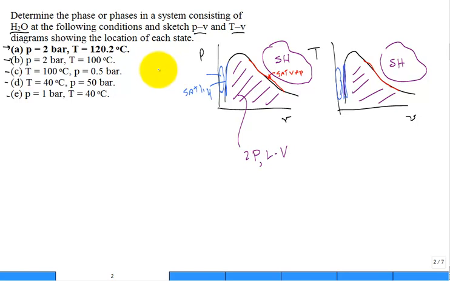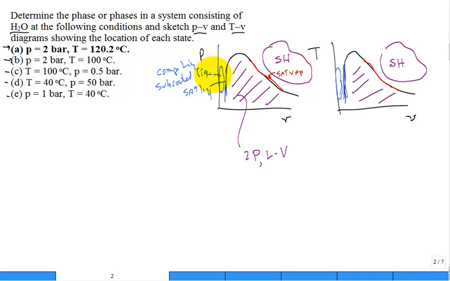A lot of times we'll say it's compressed liquid or subcooled liquid. But the idea is it's liquid. It's not saturated liquid where if I add a little heat to it, it then starts to change phase. It is subcooled liquid. If you add a little heat, the temperature is going to go up, but it's not going to start changing phase.